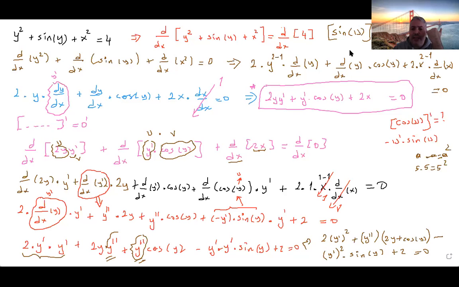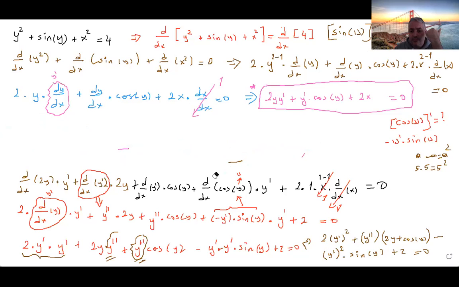So let me clean this part since I need a place to solve it. Now, if I continue right now, y prime and y prime, these are common thing, right? Y prime square and y prime square, common thing.